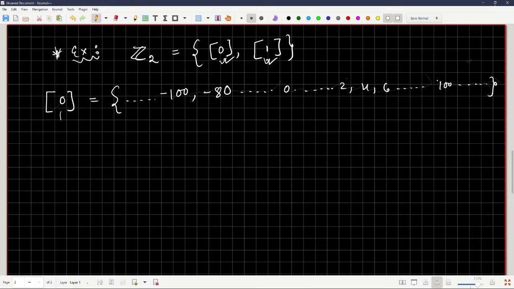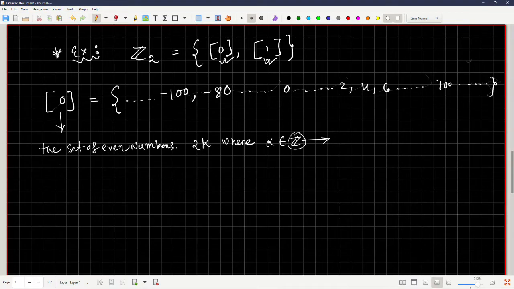So I think you can guess what this [0] is, right? Well, this denotes the set of even numbers. That means any number in this form, 2k, where k belongs to Z. Now what does this Z mean? Well, this Z means the set of integers.